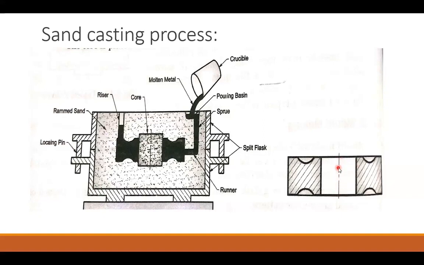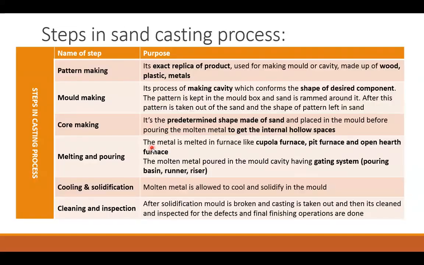To restrict the flow of molten metal into this portion, we have to keep this core inside the mold box so that the molten metal will not cover this space and we can have the hollow features inside the component. So to make this hollow portion inside the component, we have to use the core.